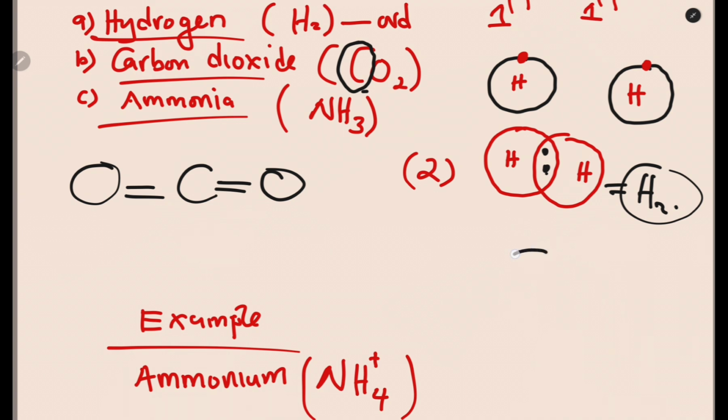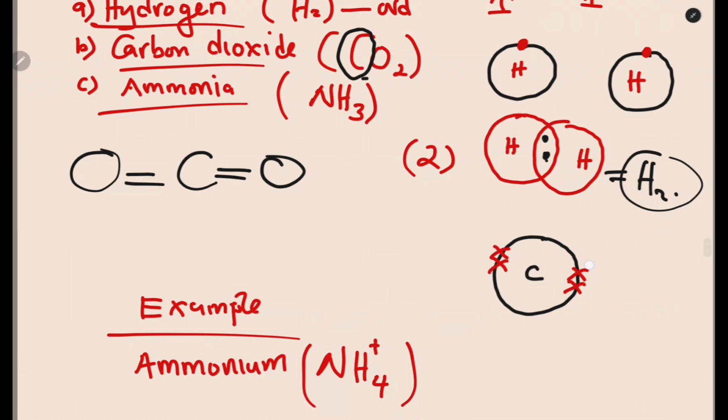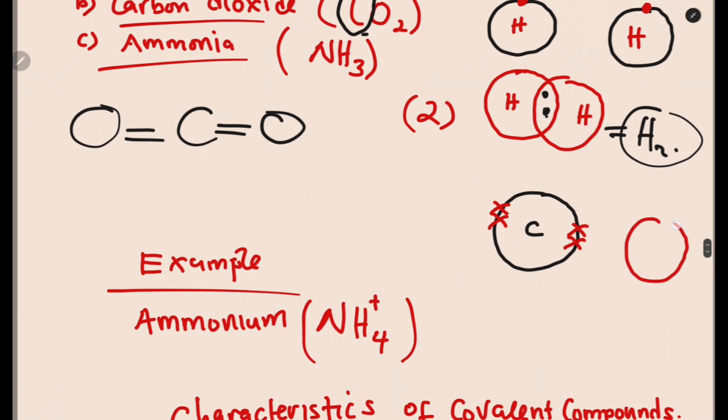Since we are showing just the outside shell, carbon has 4 electrons. Then if we were to draw the oxygen this side, how many electrons does the structure for oxygen have in the outside shell? It has 6. So let us put 6.